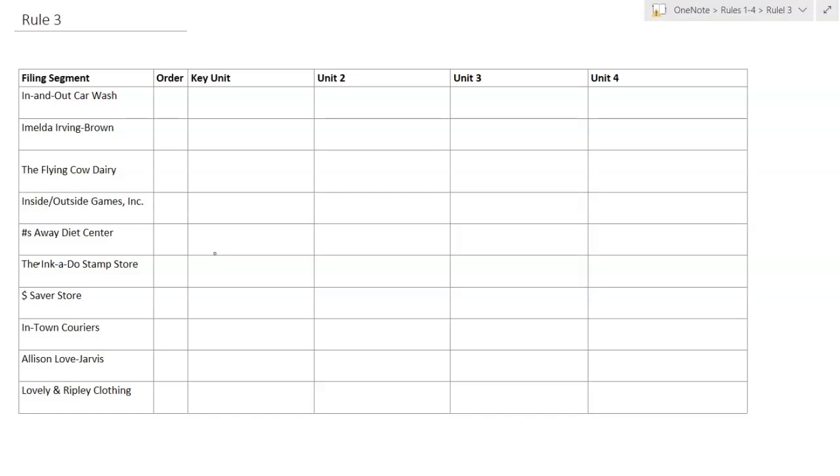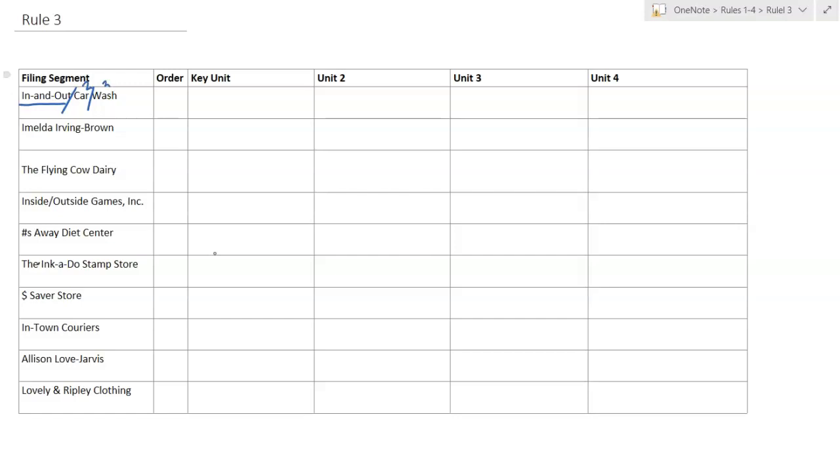So if we have in-and-out car wash, you'll notice that there are dashes between the word in and and also between the and and the out. Because there's no actual space between these, in and out is going to be an entire unit. And so because this is a business name, I'm going to index it as inandout as my key unit.